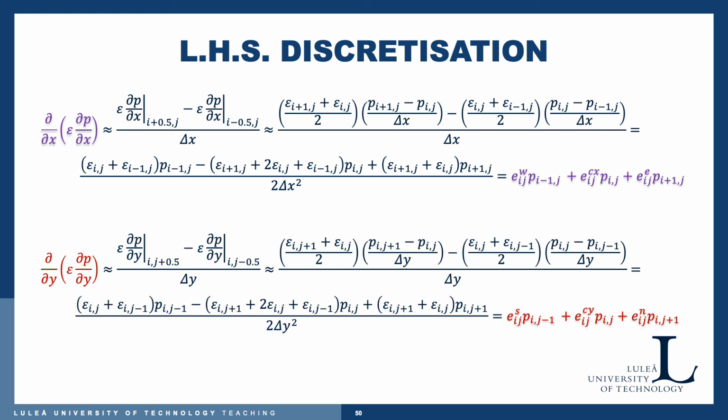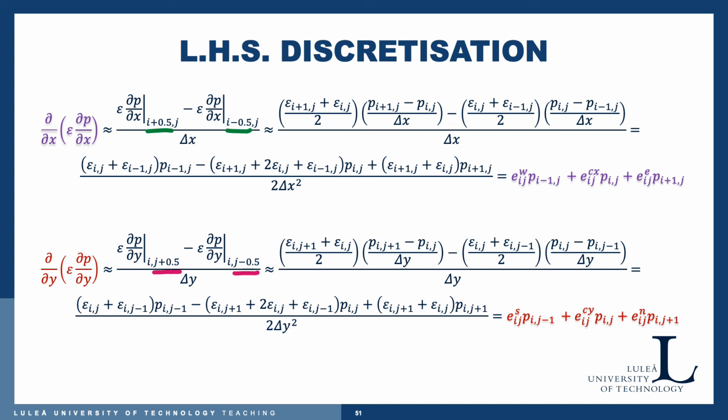Similarly, we can carry out the same type of discretization for the d/dy of epsilon dp/dy component, and finally we can comprise that in terms of coefficients south, north and central like this. So the only difference between the terms is that in the x direction we vary the i index, and in the y direction the j index.